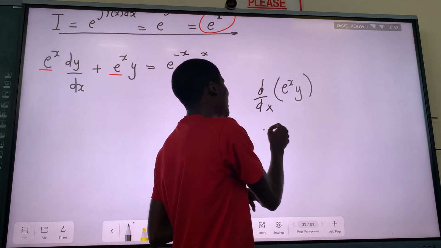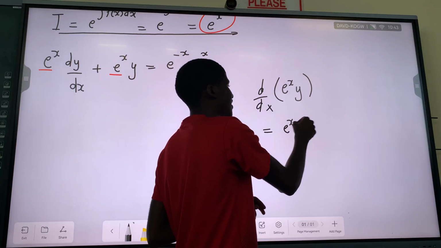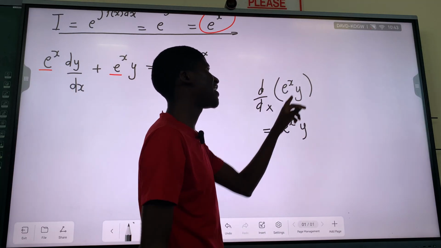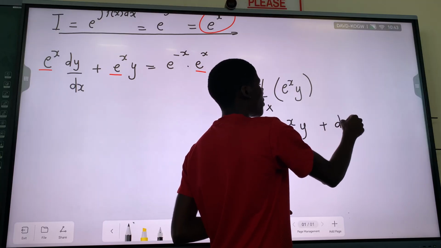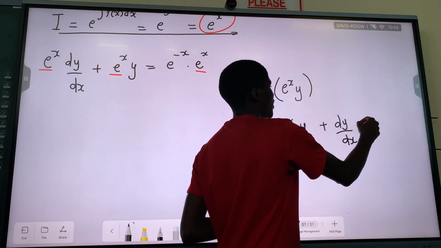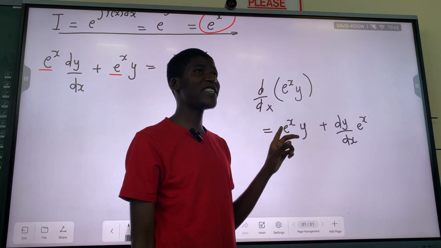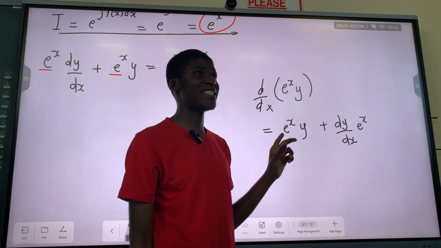So you will differentiate e to the power of x first, then multiply by y, then differentiate y, then multiply by e to the power of x. Yes, so please remember how the product rule applies in this case.